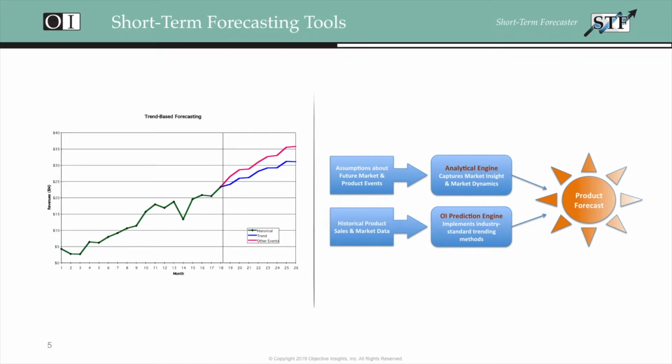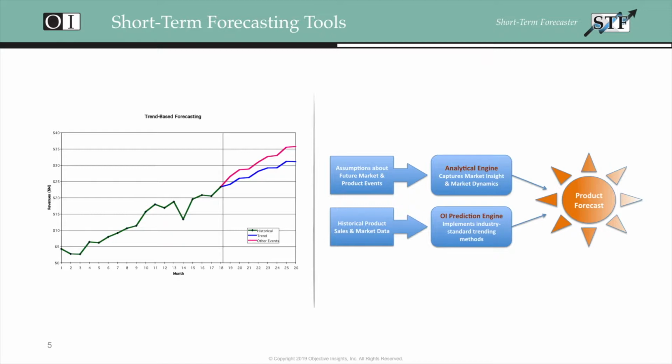So here's graphically what's happening. The green line is the historical actual data for this example product, and the blue line is the trend. If you just took a naive mathematical trend of the green data, you would get the blue line.